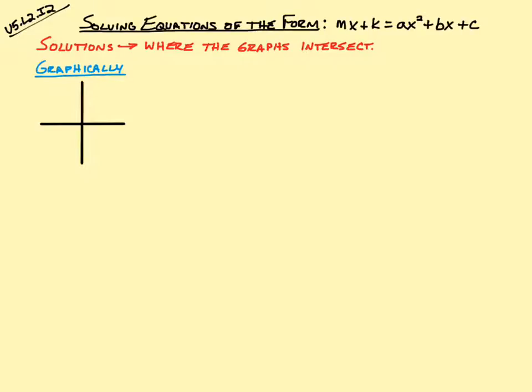So maybe we have a parabola that's opening upwards here, and then we have a linear equation that's kind of cutting through this way. So here we've got 2 points where these graphs intersect. And these two x values are the solutions for these two graphs. So it's where they both meet, so the x values are what we call the solutions for these two graphs.